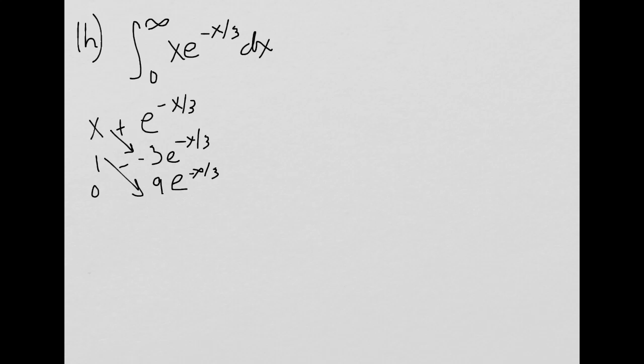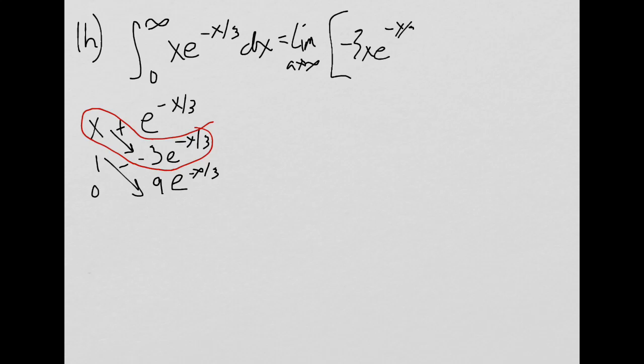So what I get here is that this is equal to the limit as a approaches infinity of, open bracket, minus 3x. So first I'm going to do the product of these two. So I get minus 3x e to the negative x over 3.